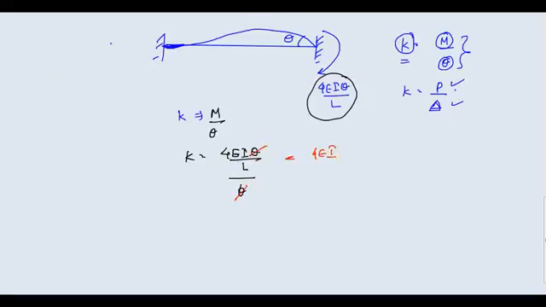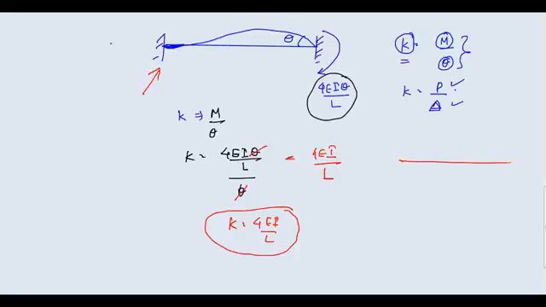You will get 4EI upon L. So your stiffness value for this type of beam, meaning either you have both ends fixed or both ends continuous, is 4EI by L.